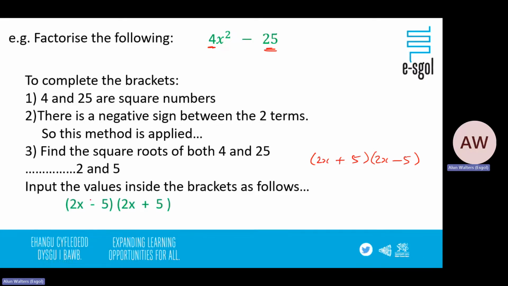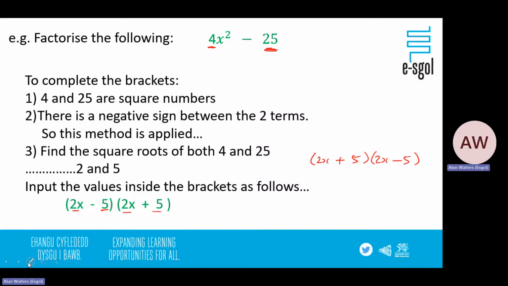Okay, I've done it the other way here, but just to show you, so you find the square root of this, which is 2x, you write 2x there and 2x there. You find the square root of 25, so you put a minus 5 in front of one of them and a plus 5 in front of the other.